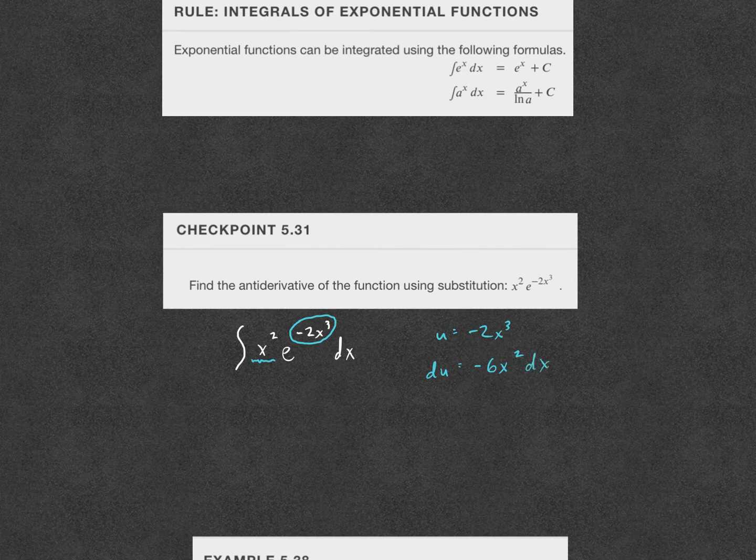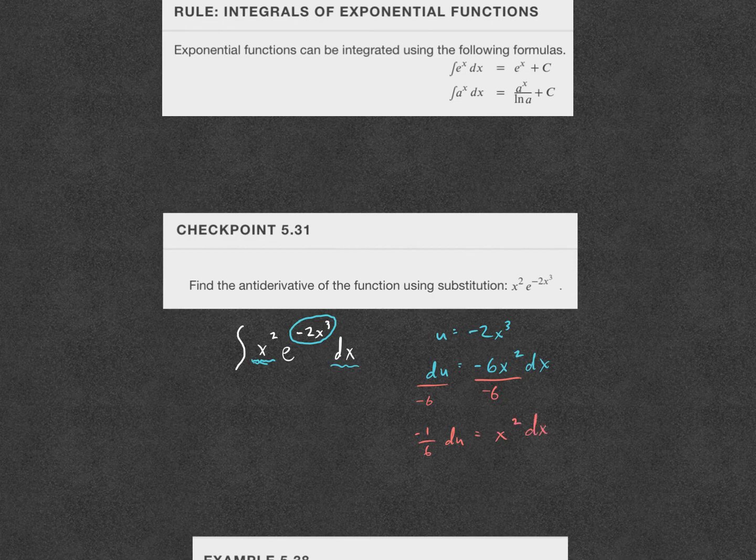So do you see the x squared dx inside of the integral? That's a good thing. That's why this substitution is going to work, and the only thing that we do with the negative 6 is divide by it to throw it on the other side, and I'm going to write that as negative 1/6 du is equal to x squared dx.